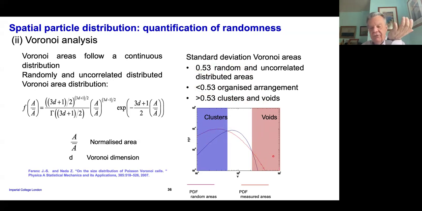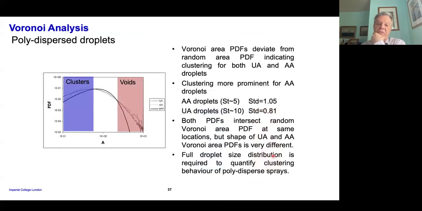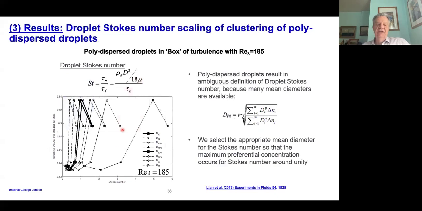And you should have both, because if you concentrate the particles in one region, then another would have no particles at all. So when you apply that to the polydispersed droplets, you do see that you have effectively a non-random distribution, as expected, since we have seen the images.